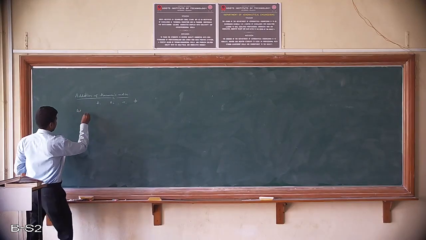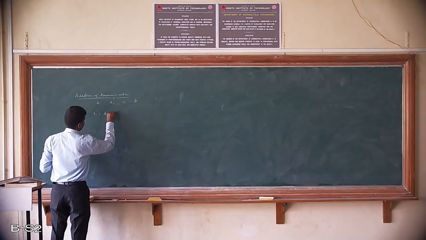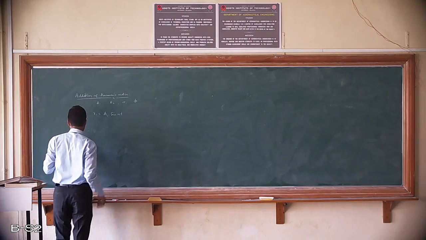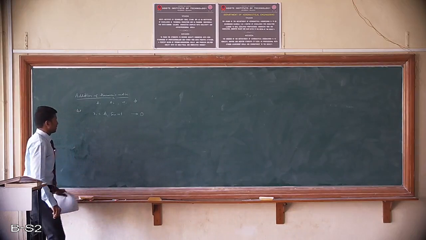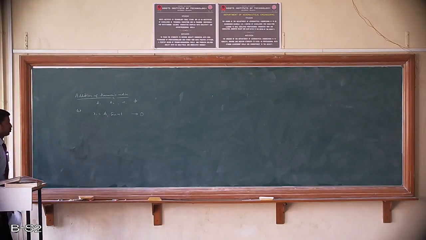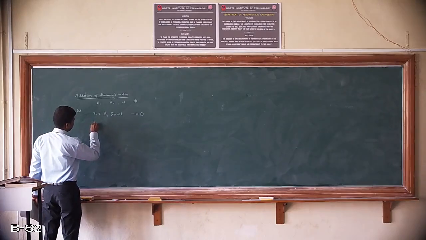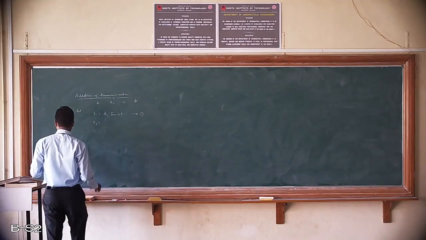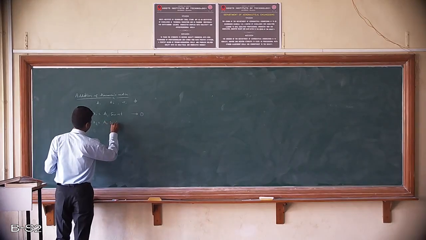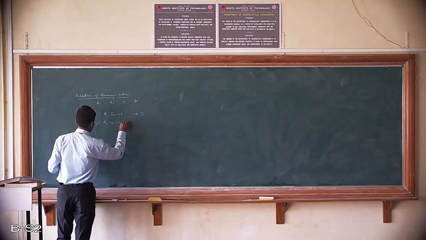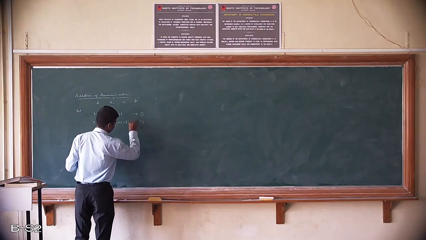Let x1 is equal to a1 into sine of omega t, which I will call equation number 1, and another one x2 is equal to a2 into sine of omega t plus phi, which I will call equation number 2.